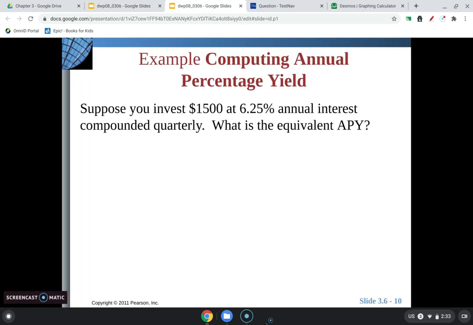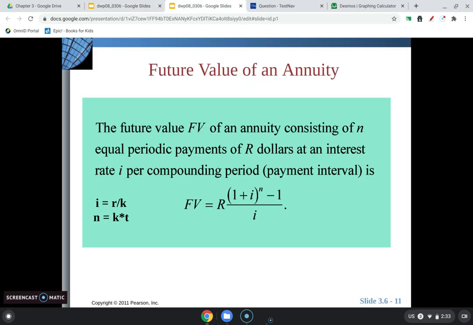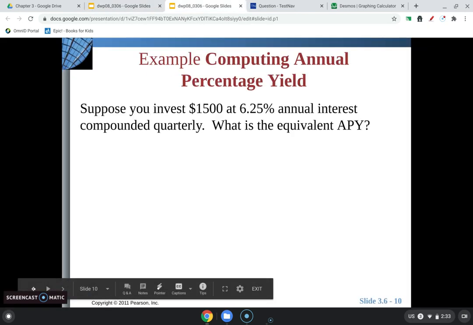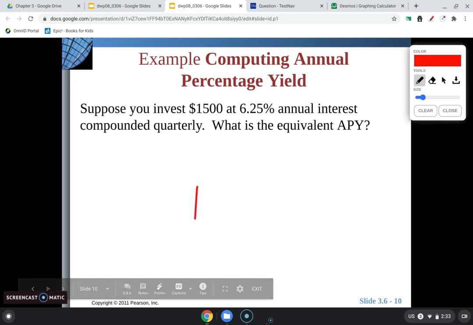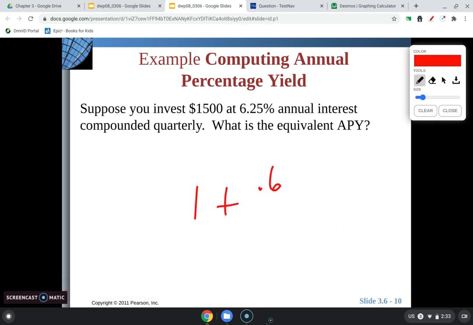So suppose you invest 1,500 at 6.25% annual interest compounded quarterly. What is the equivalent APY? So we're going to take 1 plus the rate, 0.0625 over, compounded quarterly would be 4.